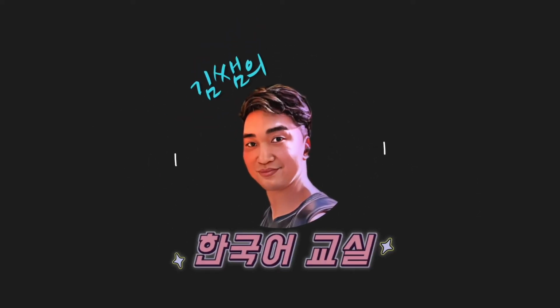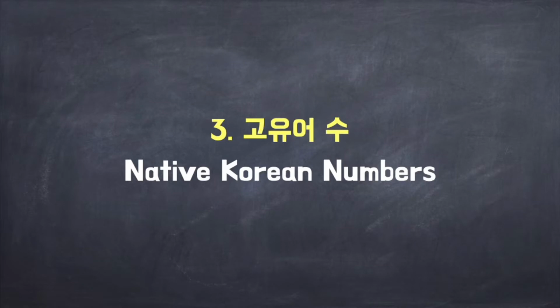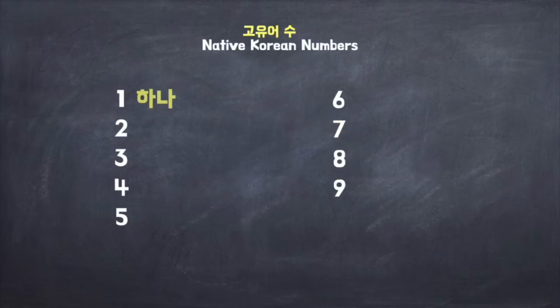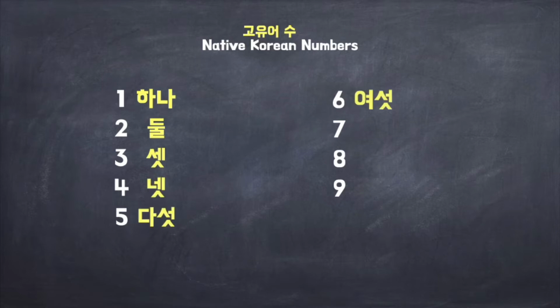Let's get started to read basic native Korean numbers from number 1 to 9. Number 1 is 하나, 2 is 둘, 셋, 넷, 다섯, 여섯, 일곱, 여덟. Just be careful of this pronunciation, 여덟.